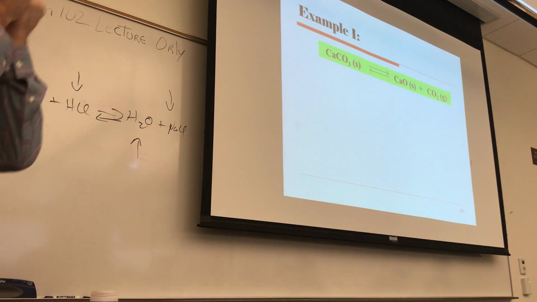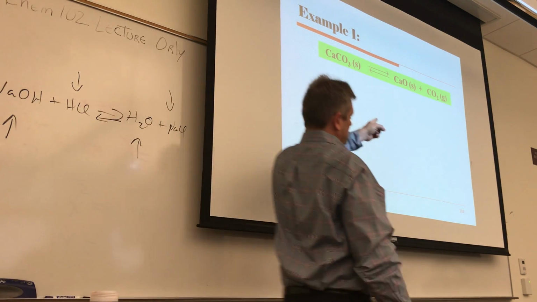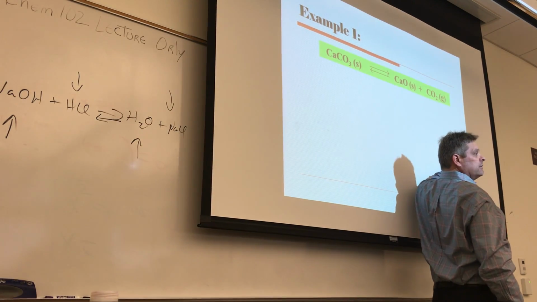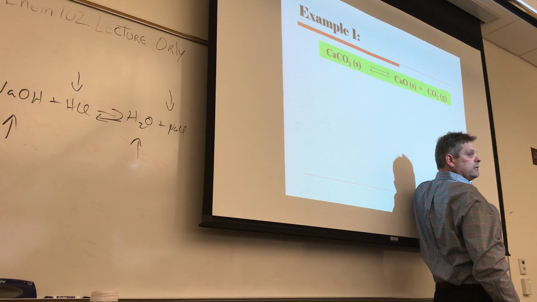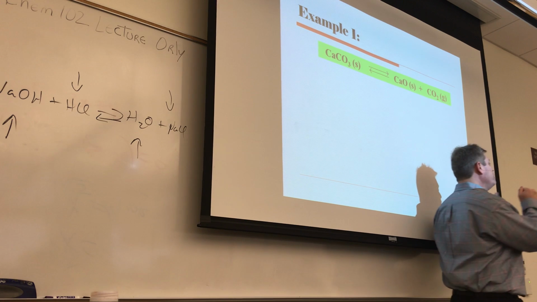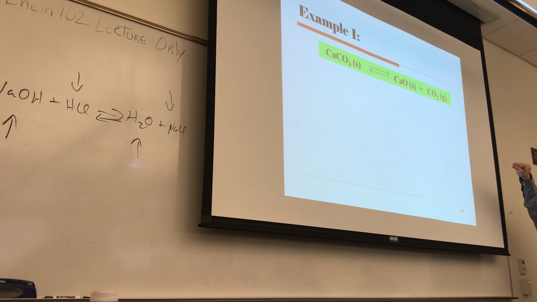I decreased the pressure, so that means that I will increase where the gas is, because it wants to relieve that stress. If I added pressure to it, then it will relieve that pressure by losing some of the gas and going back towards the calcium carbonate area.